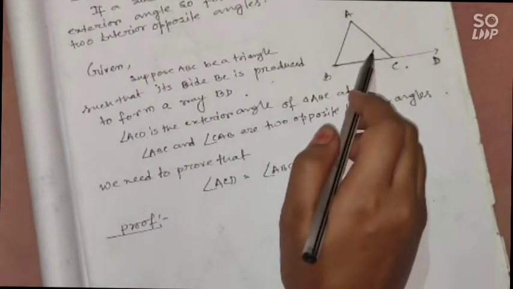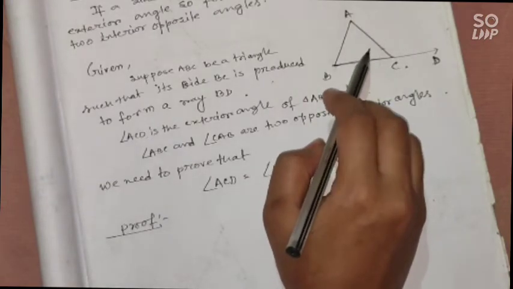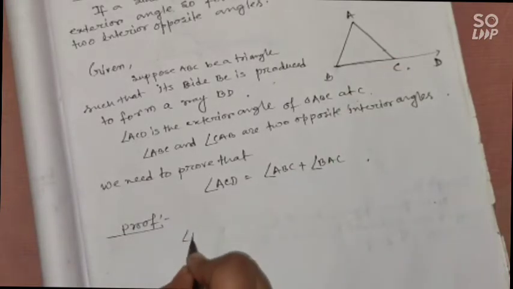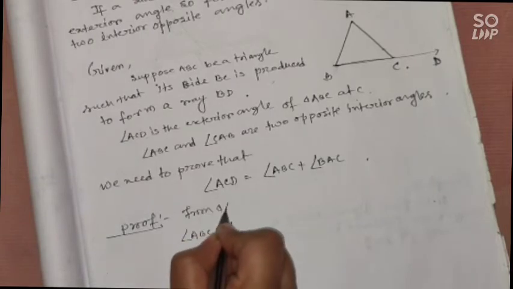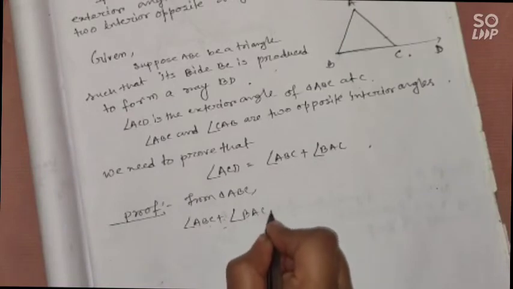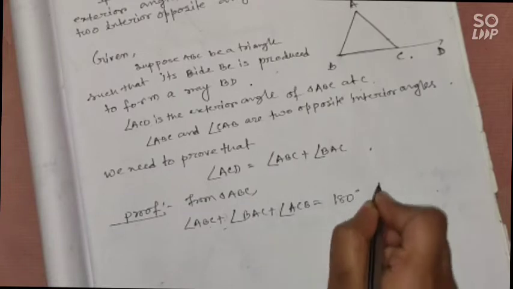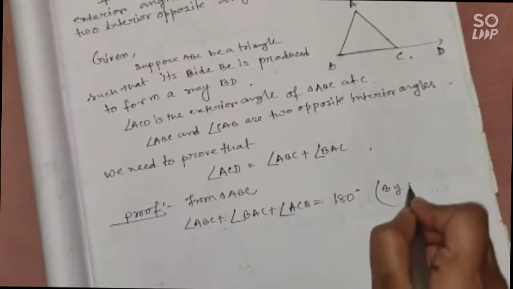By angle sum property, you know that the sum of three angles of a triangle is 180 degrees. So from triangle ABC, we can write angle ABC plus angle BAC plus angle ACB equal to 180 degrees. We get this by angle sum property.